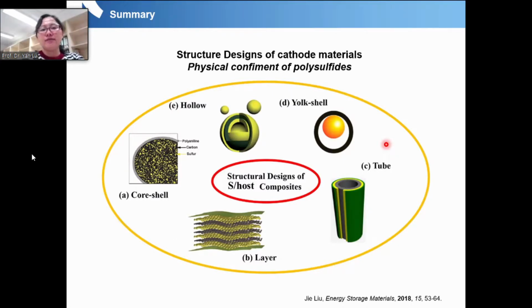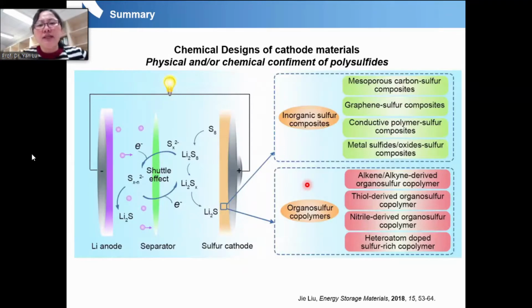In that case, we can design really different kinds of structures and have a hierarchical structure to work as a cathode for lithium sulfur battery. And compared to this physical confinement, chemical confinement is, of course, much more attractive, because in this case you can really improve and suppress the polysulfide dissolution in the system.